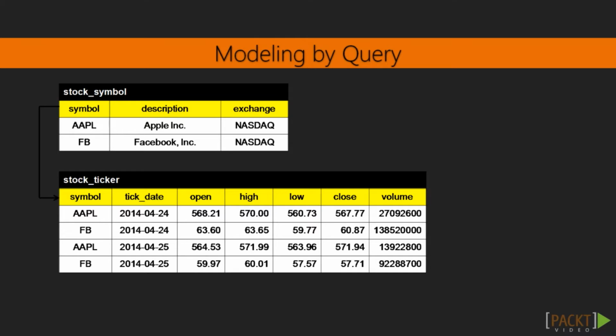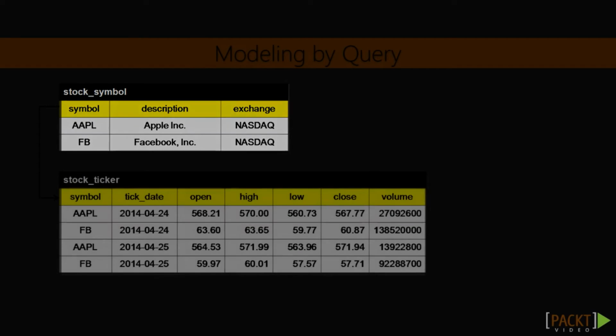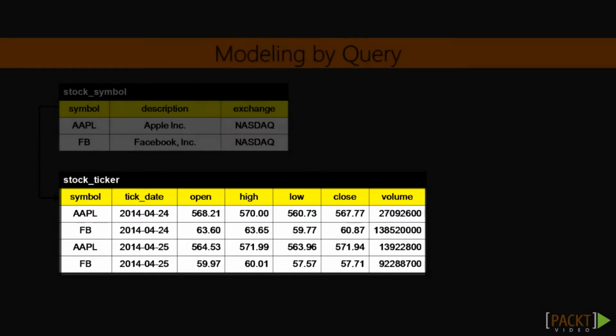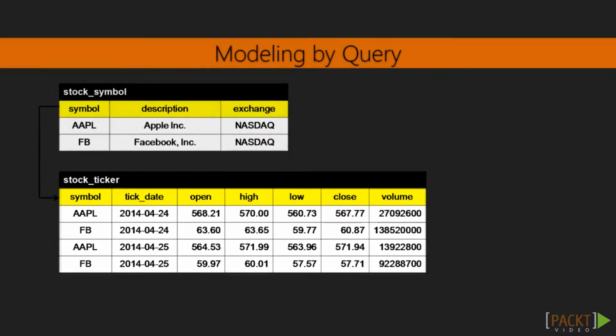The diagram here shows a relational data model involving two tables. The stock symbol table is a table storing the master information of a stock, such as the symbol of a stock, the description of the stock, and the exchange that the stock is traded. The stock ticker table stores the prices of open, high, low, close, and the transacted volume of a stock on a trading day.